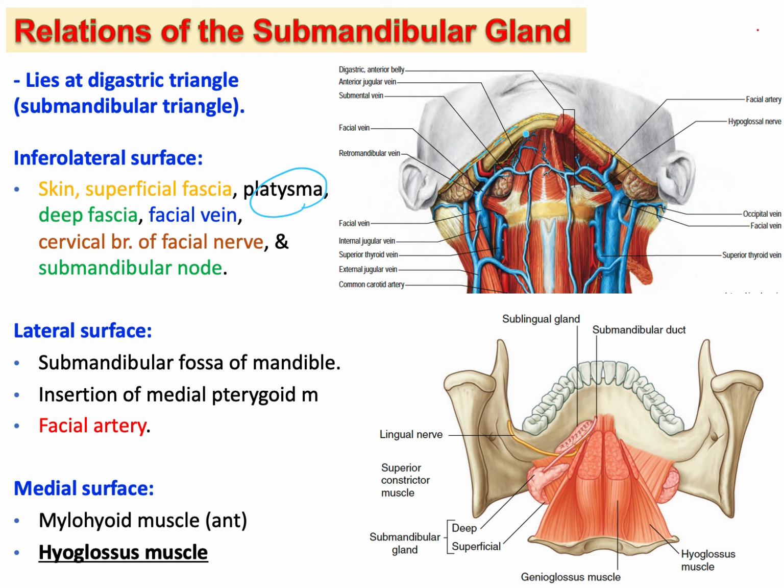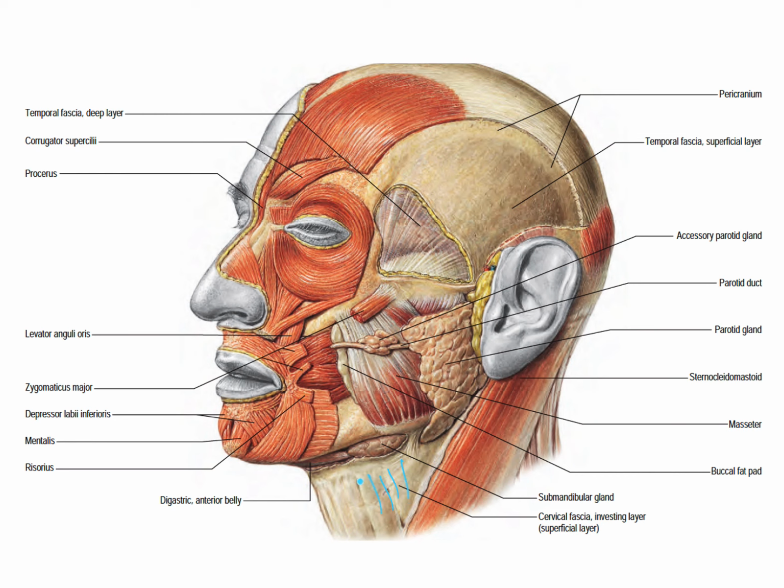And of course, it's attached to the border of the mandible and covers most of your neck. So skin, superficial fascia, platysma. Now remove all of these structures. You will reach the deep fascia. Look at it. This is the deep fascia.